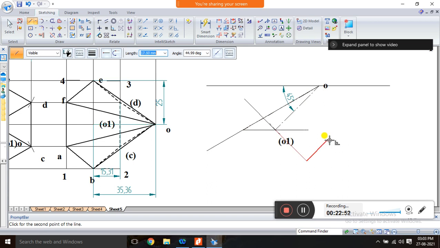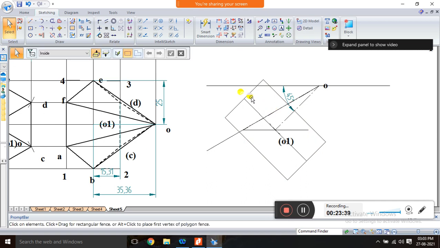And here perpendicular, so 15.31. So like this you have to reconstruct with the help of your scale or roller. So reconstruct the box.